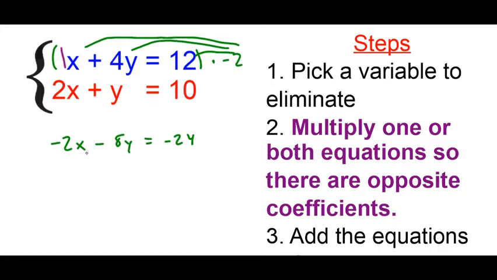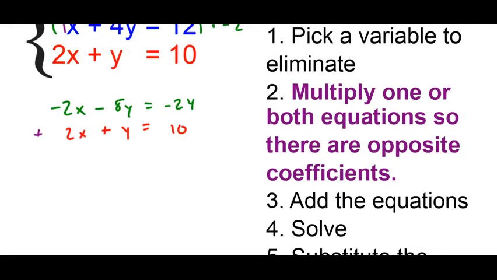And I'm going to go ahead and rewrite the right equation. Now, since I have multiplied the entire top equation by negative 2, I now have a negative 2x and a positive 2x. So now I'm going on to step 3, which is add the equations. If you remember, the fancy term for this is linear combination. So I'm going to add negative 2x and 2x.